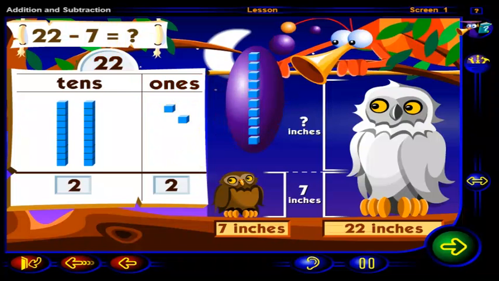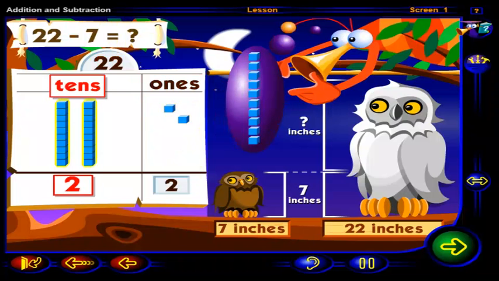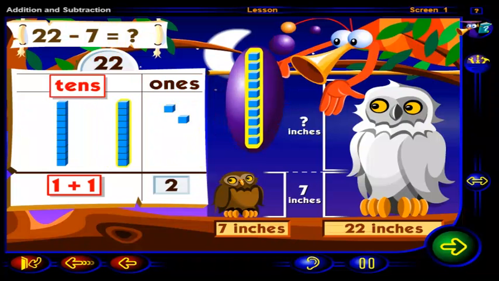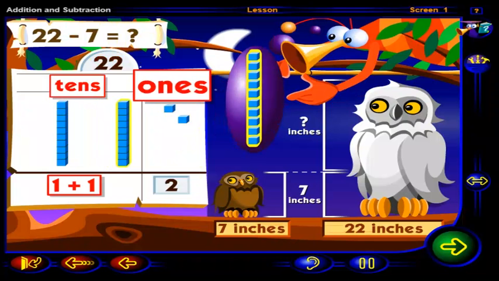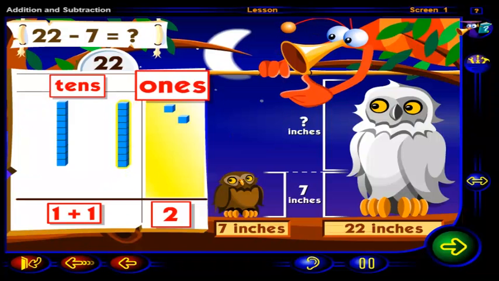So, if we write the 2 in the tens place as 1 plus 1, we can regroup one of these 10s as 10 1s and put them in the ones place. Drag this 10 into the ones place.